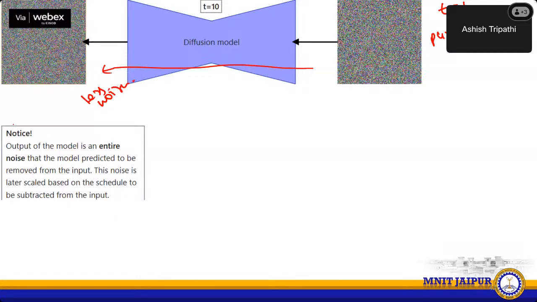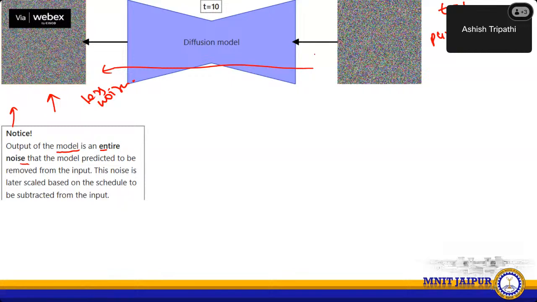One thing I have also written in a comment is that the output of the model is entire noise. No doubt this is also entire noise, but this noise is on a somewhat lesser scale.